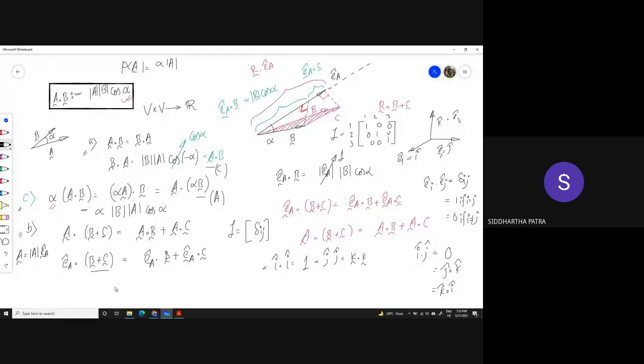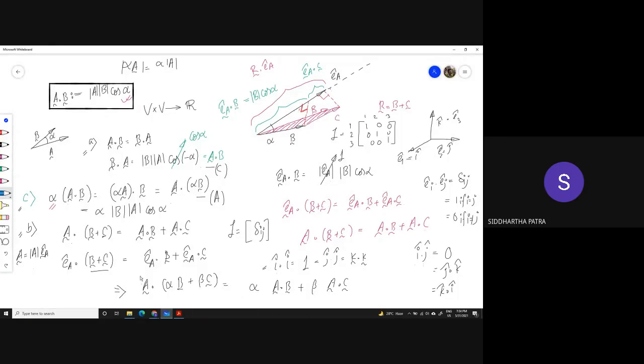Now one more thing. If I combine the associative rule and the distributive rule, of course it took us the associative rule to prove the distributive rule, but it still is an independent property, and if I combine these two, then I can say A dot (alpha times B plus beta times C) equals alpha times A dot B plus beta times A dot C. And this actually is the complete linear form of the dot product.